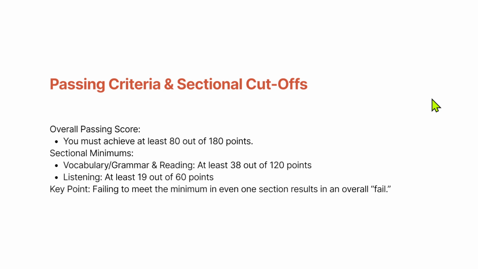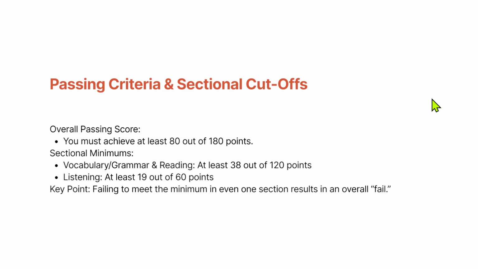Now, it doesn't happen that if you score, say, 90 in section 1, which is vocabulary, grammar, and reading, you automatically pass.